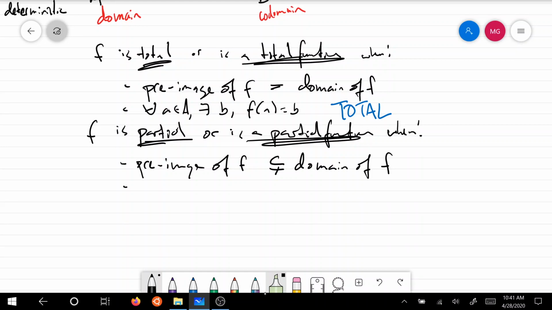Or when it's non-total. It's just the negation of that property, i.e., there exists an a such that there does not exist a b, f of a equals b. There's something left undefined.